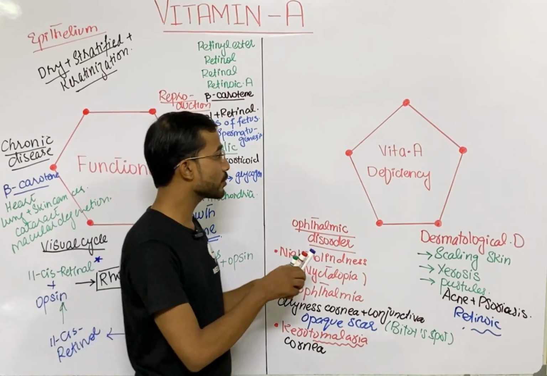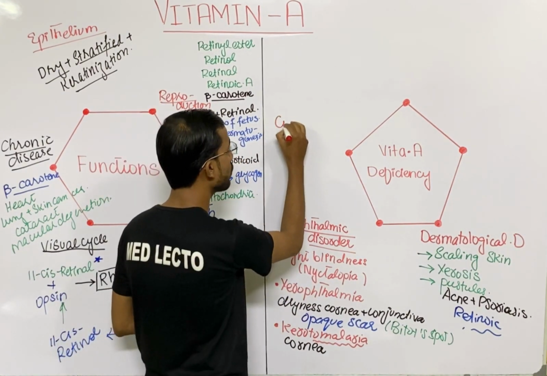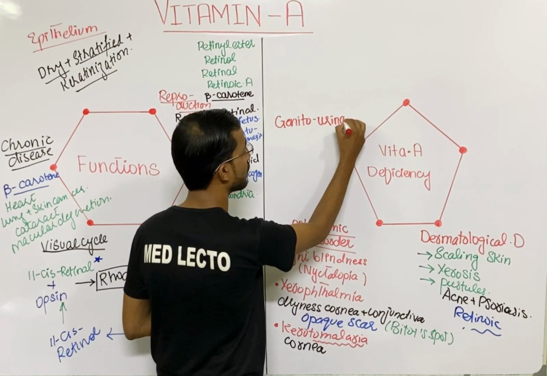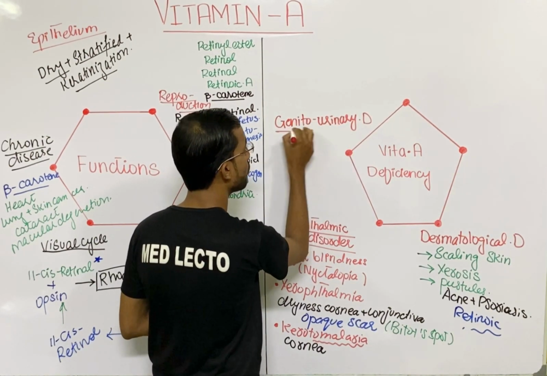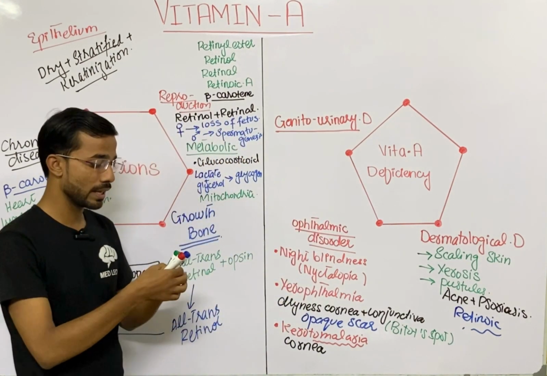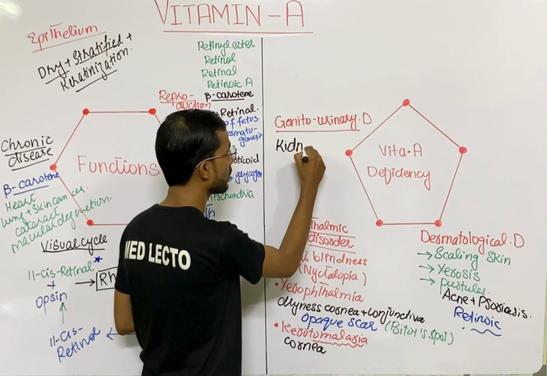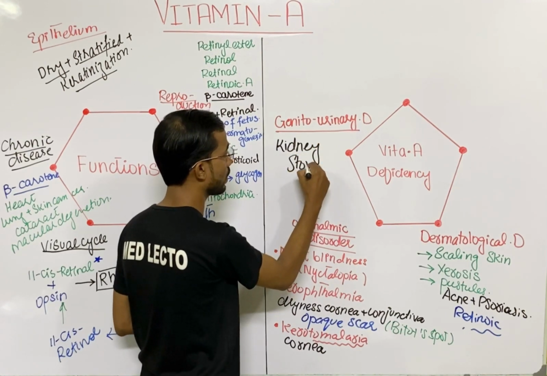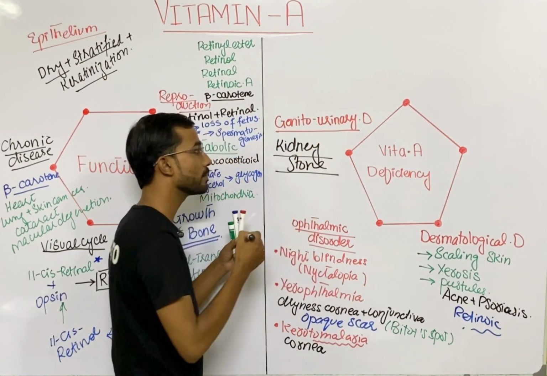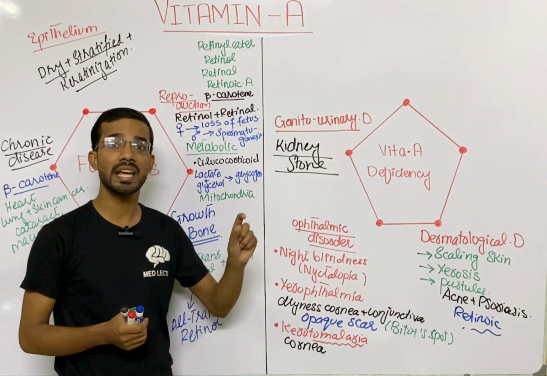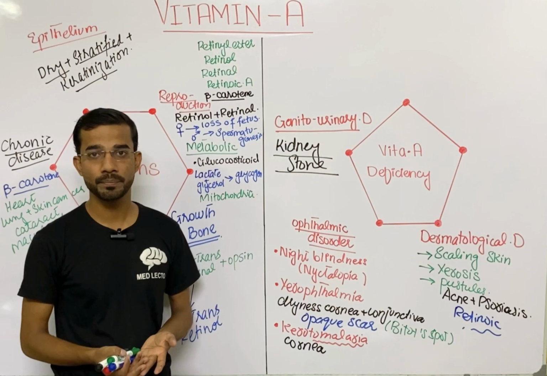Next are the genitourinary disorders. The most important disorder is kidney stone. In the kidney stone, you can easily see the epithelium in the urine.